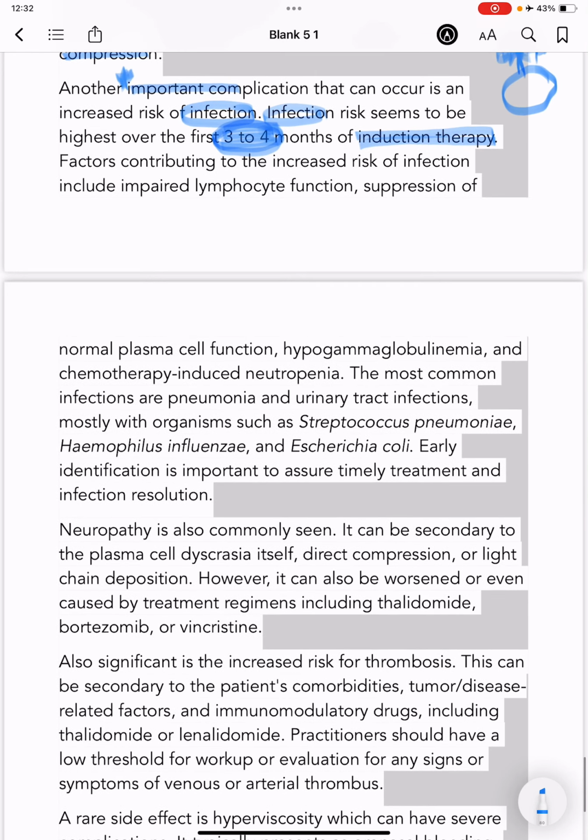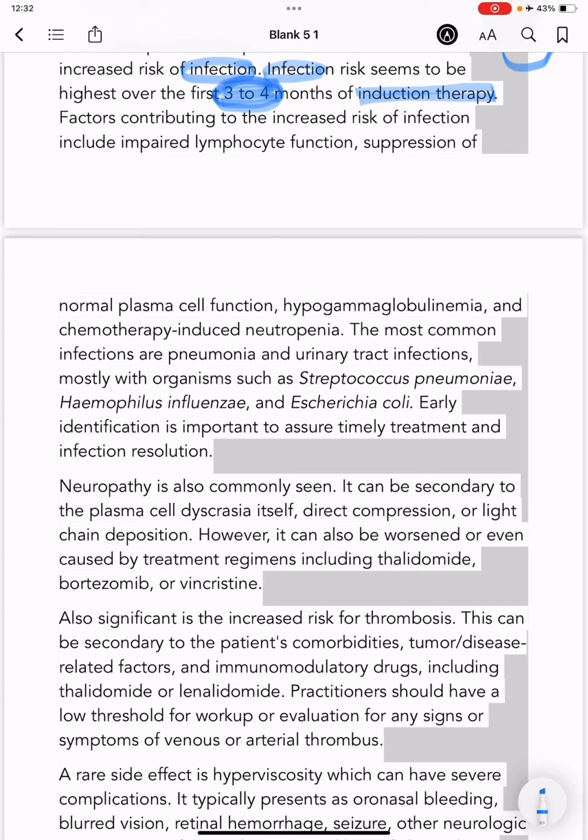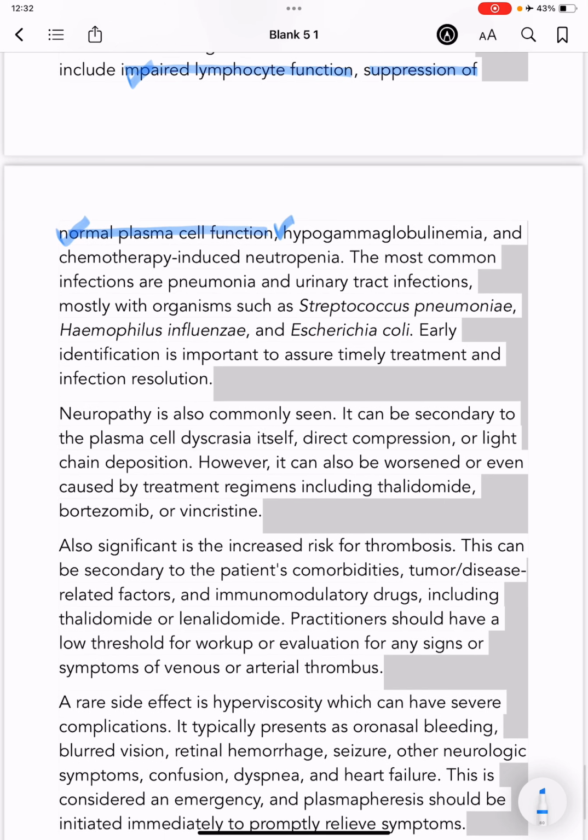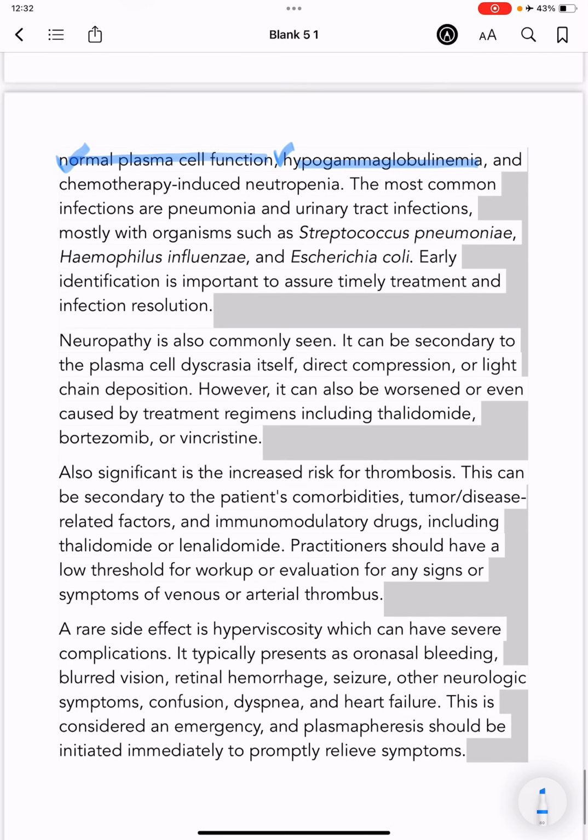So what are the factors contributing to increased risk of infection? Why this infection is occurring? Because of the impaired lymphocyte function, suppression of the normal plasma cell function, hypogammaglobulinemia, and chemotherapy induced neutropenia.